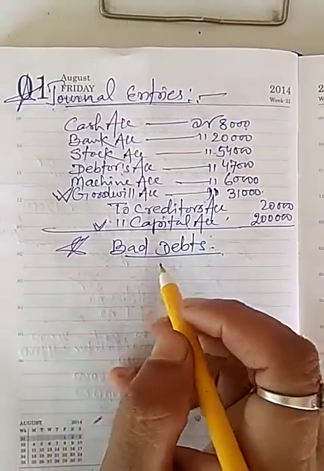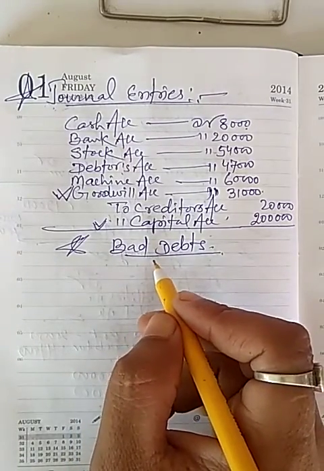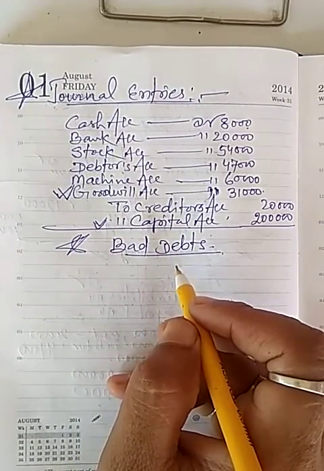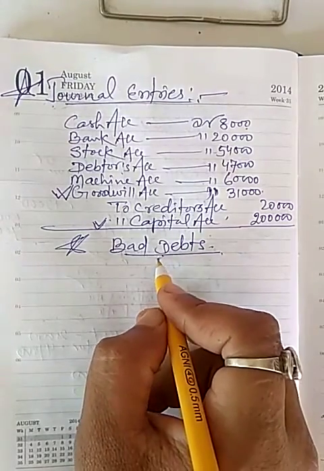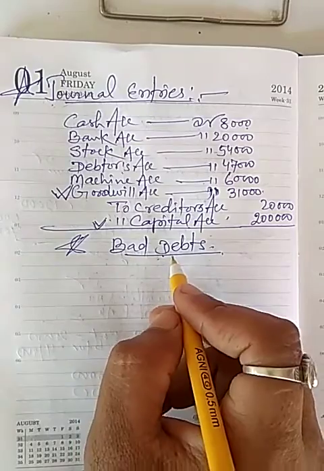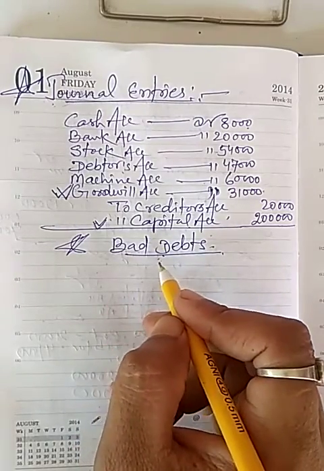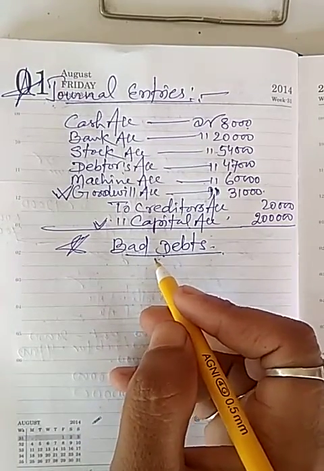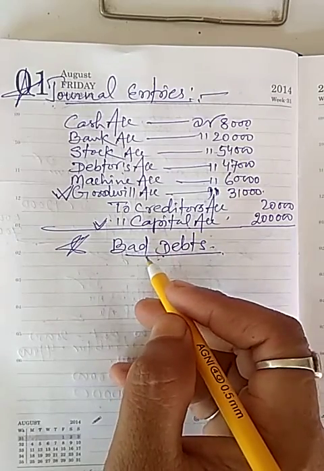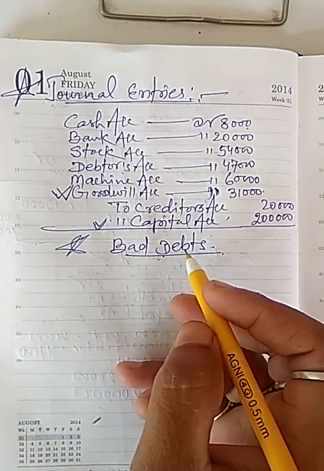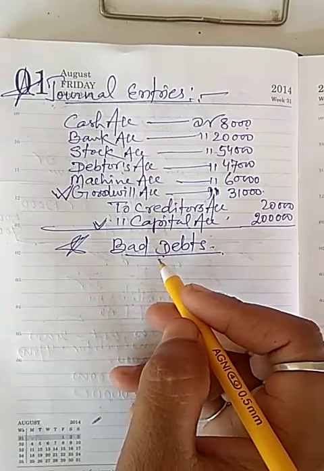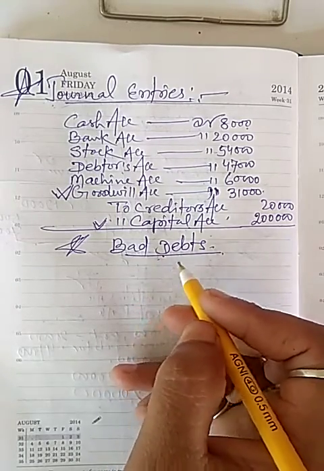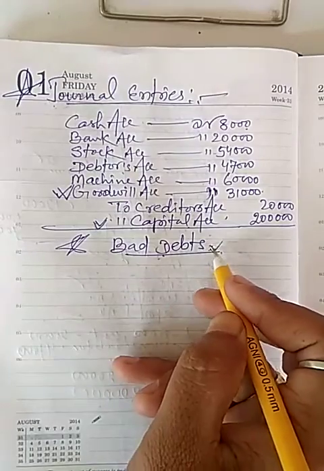When the goods are sold to the customer on credit, and if the amount becomes irrecoverable due to his insolvency or for some other reason, the amount not recovered is called bad debt.